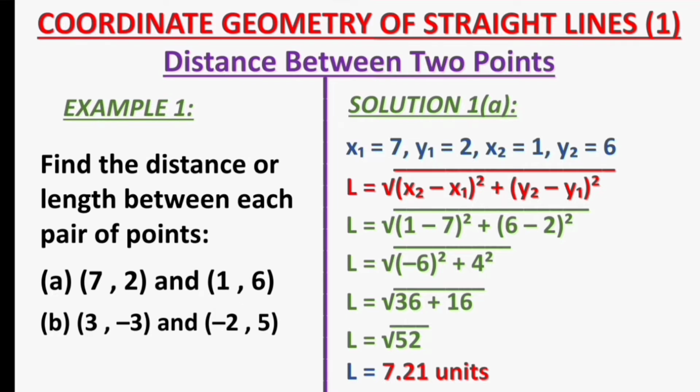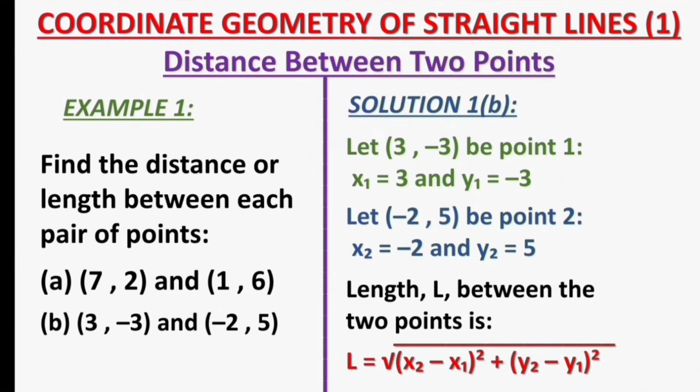Next, let's see the solution to example 1b. In example 1b, let the coordinates 3 and minus 3 be the first point. That means x1 is equal to 3 and y1 is equal to minus 3. Also, let the coordinates minus 2 and 5 be the second point.